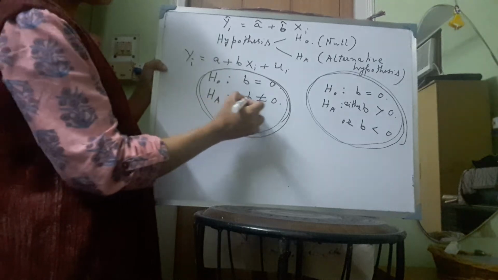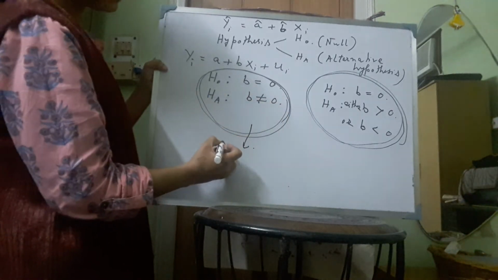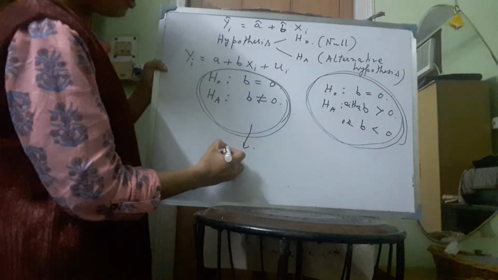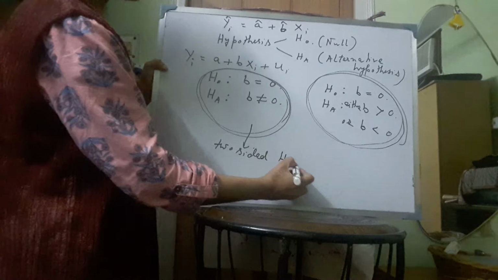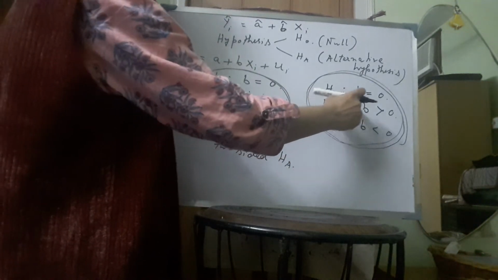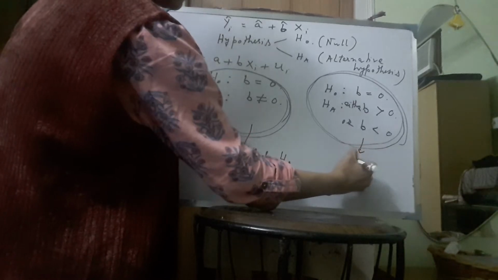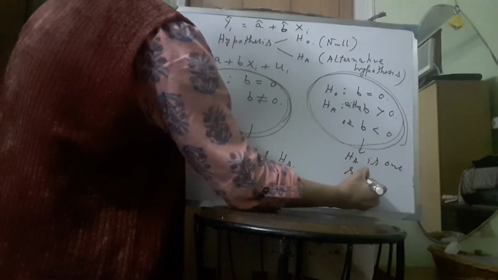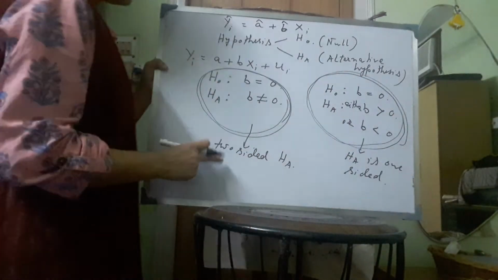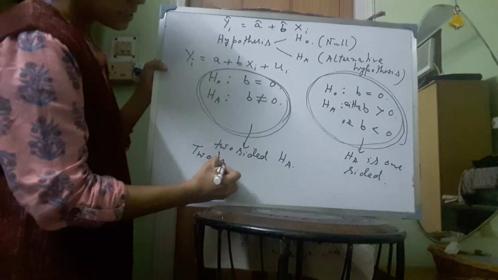Now if HA is denoted by b not equal to 0, then this type of alternative hypothesis is called two-sided alternative hypothesis. And if the alternative hypothesis is like this, that is either b greater than 0 or b less than 0, then HA is one-sided. Now if HA is two-sided, then we do two-tailed test.